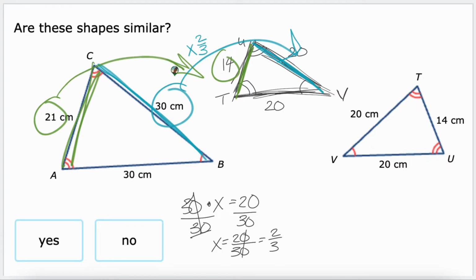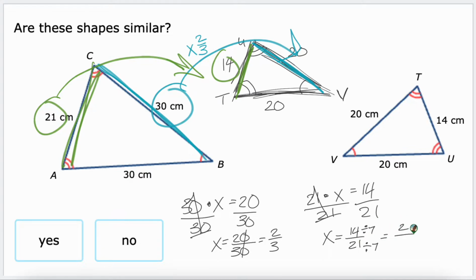Well, 21 times what number would give us 14, right? Again, if we divide both sides of our equation by 21, we would create a 1 pair. We would get x is equal to 14 over 21. Now I know that both of these are divisible by 7 as our greatest common factor. So we'd get 2 over 3 again. So 21 times 2/3 would give us 14, and you can check that in your calculator.